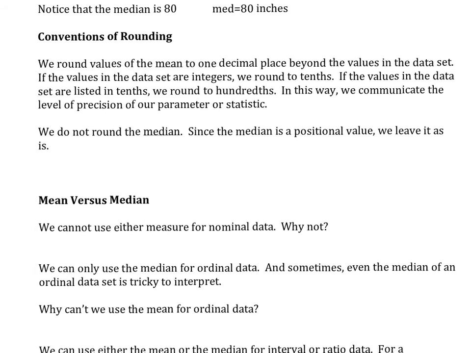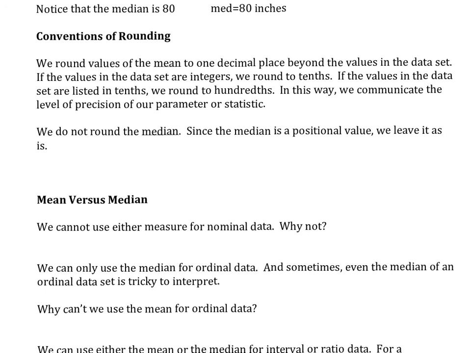And then there's some conventions of rounding. We've talked about this before in class. Round your mean to one more place after the decimal than the data set. What that does is it communicates the precision of the data set itself. So if you are looking at only a mean of a data set and it's rounded to tenths, then you know that the precision of the original data are integers or whole numbers.